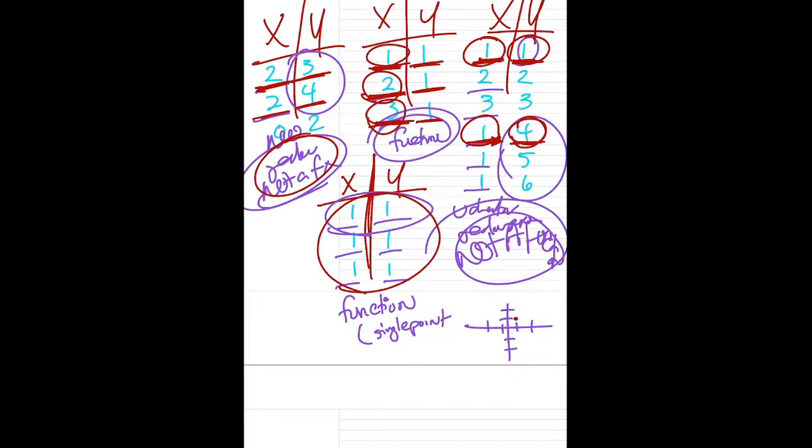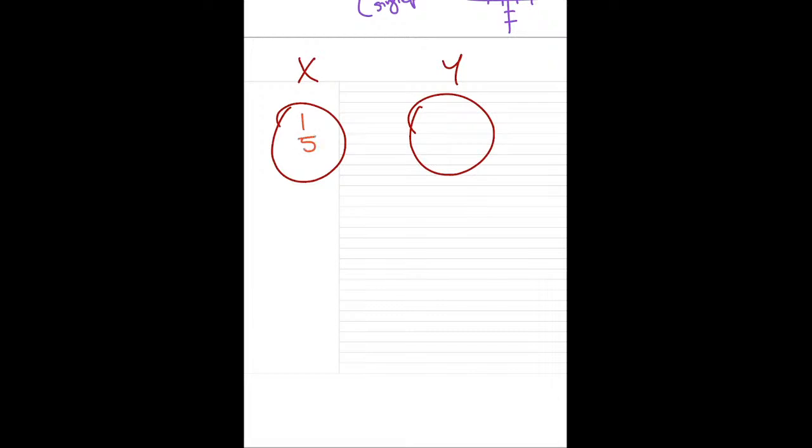Got it? Okay, here we go. So let's have a look at another way this could be shown. Sometimes it's shown with like a bubble. Okay? And arrows. So you might see it like this. And maybe they go like 2 and 6.